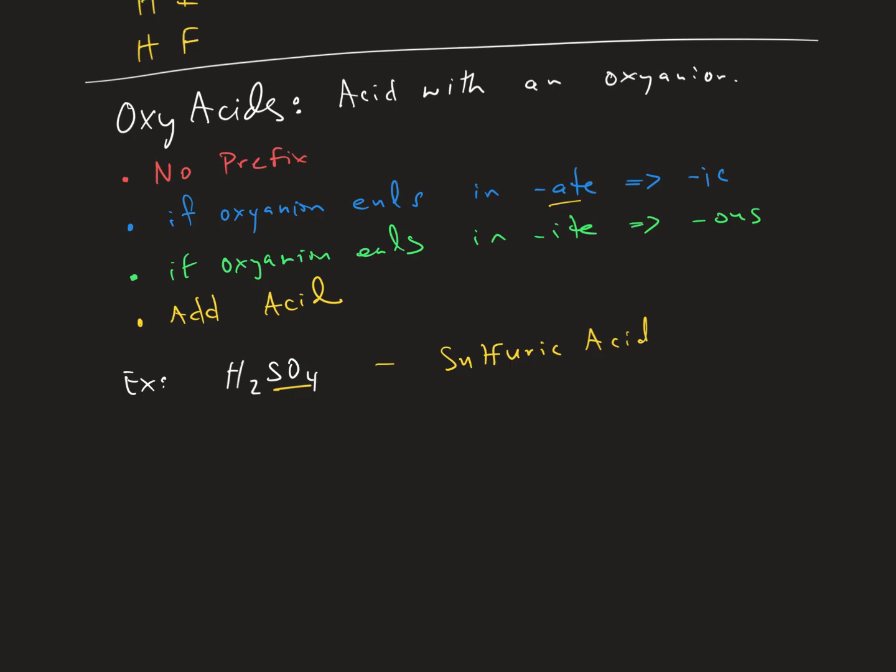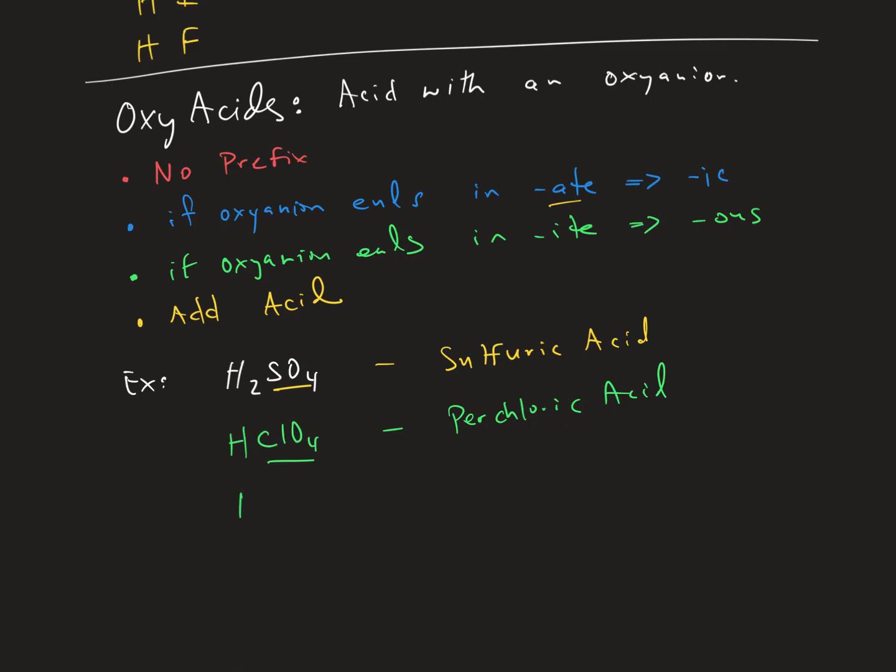What about HClO4? Look at your polyatomic ion list and see if you can come up with this name. Perchlorate. This is perchlorate. So what's the acid called? Perchloric acid. That's it.